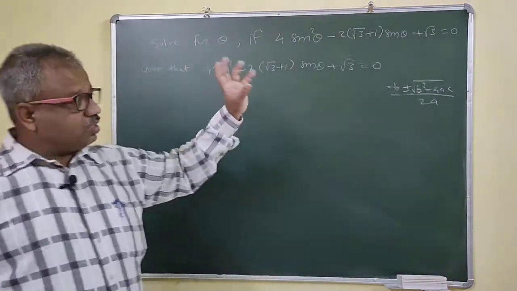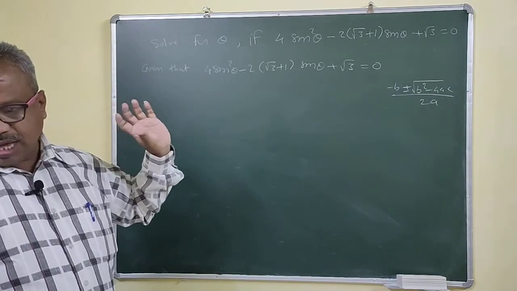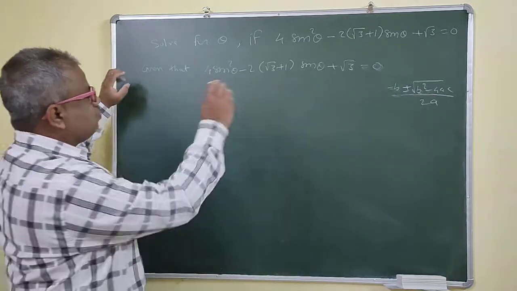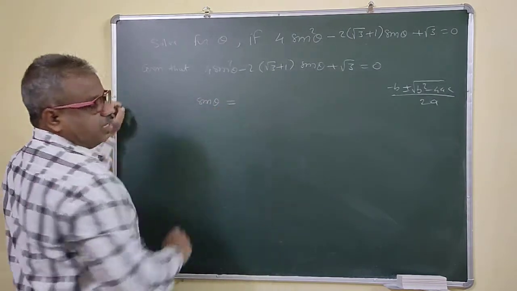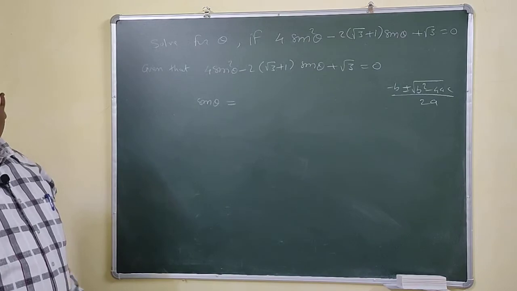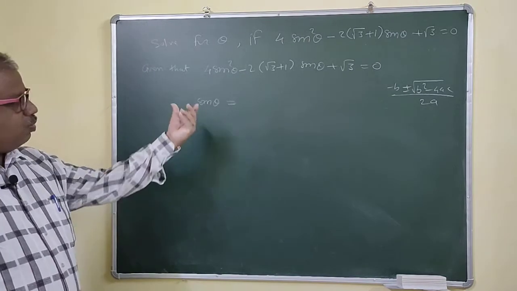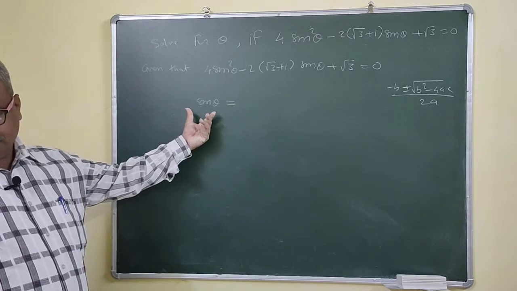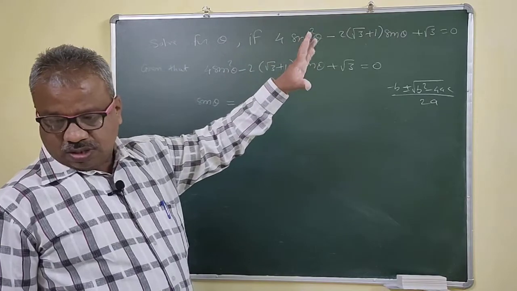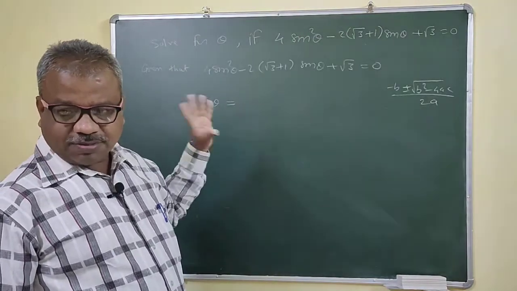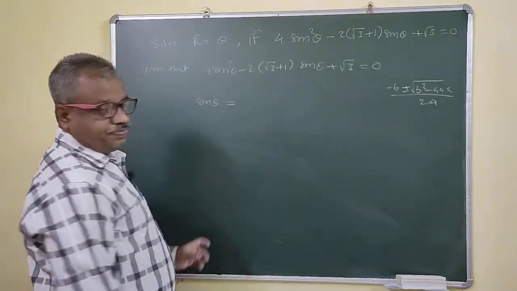Just say this formula and write your proper values of a, b and c. Here your x is sin theta. So you will get a value of sin theta, and with the help of that we will find the permissible values of sin theta. Even if the question does not state it, you still have to accept only the permissible values. Okay, sin theta is equal to minus b.